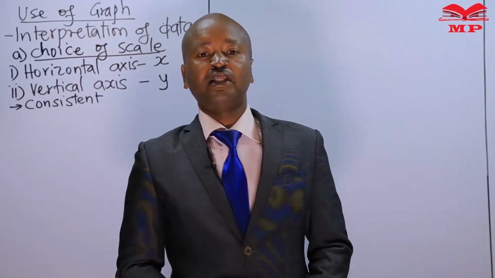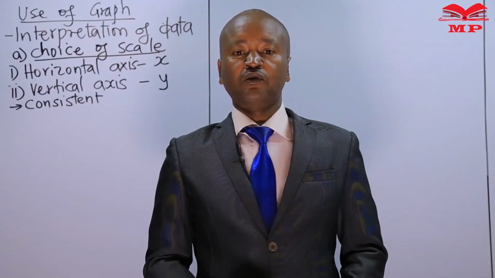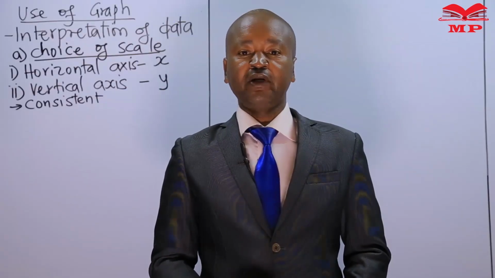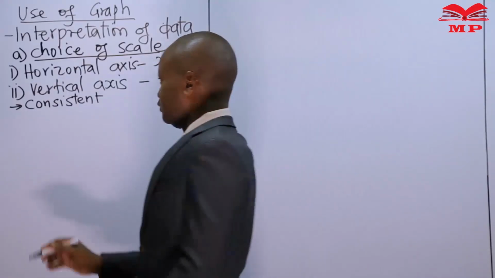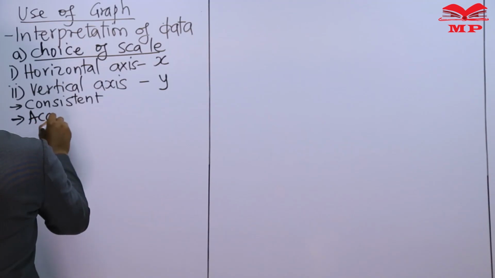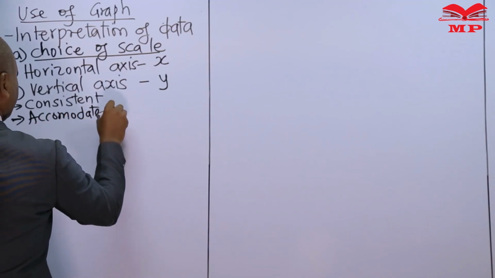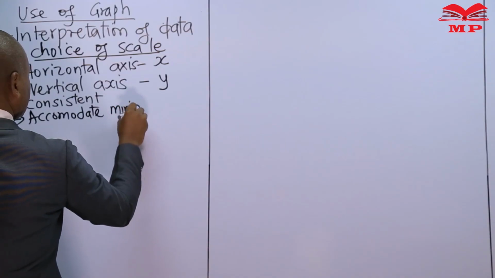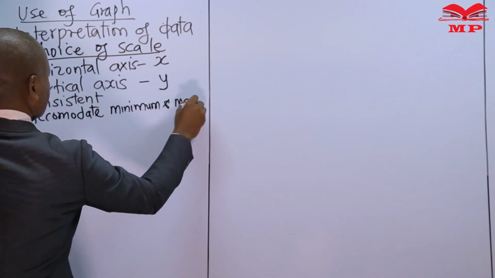Then two, the learner should also be able to have the scale accommodating the minimum point and maximum point. So that scale must accommodate minimum and maximum points.